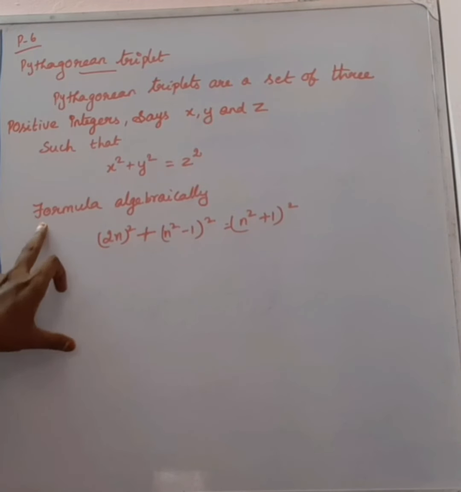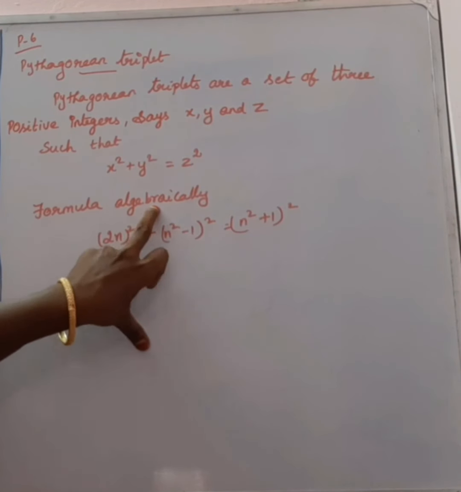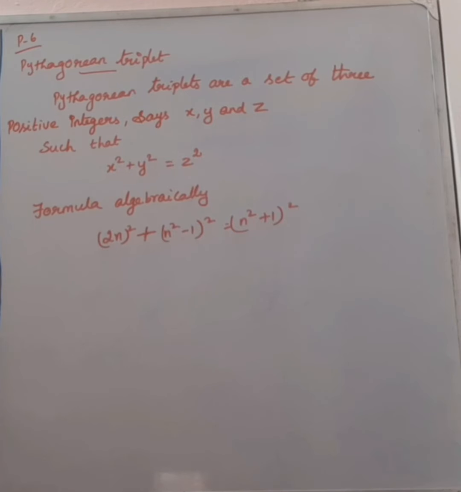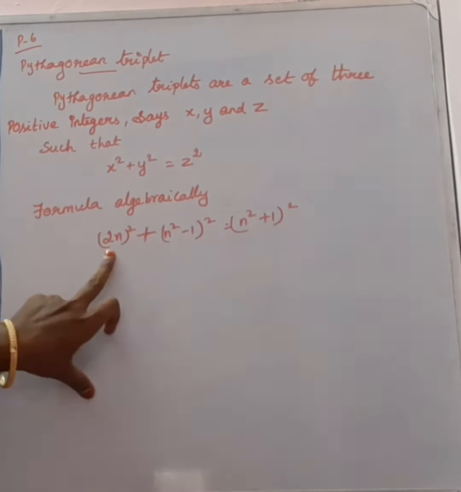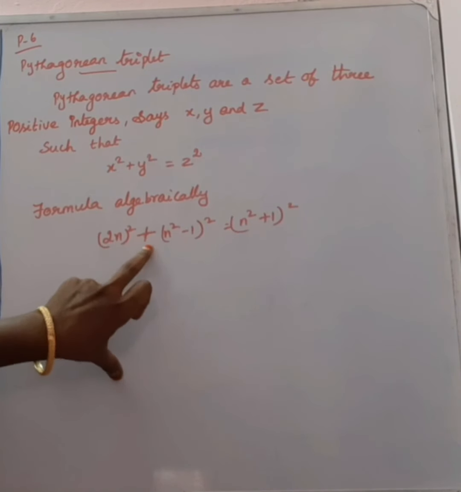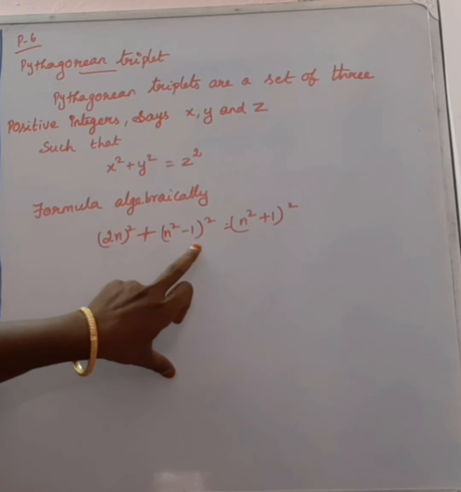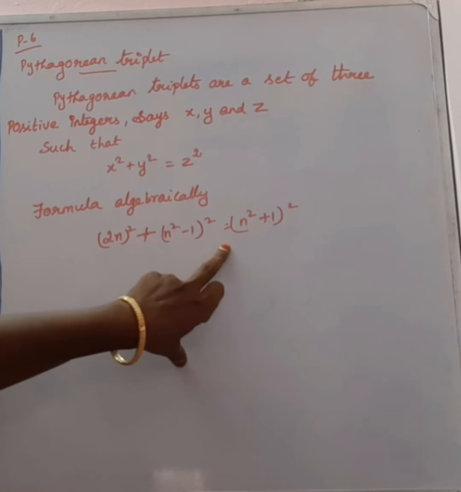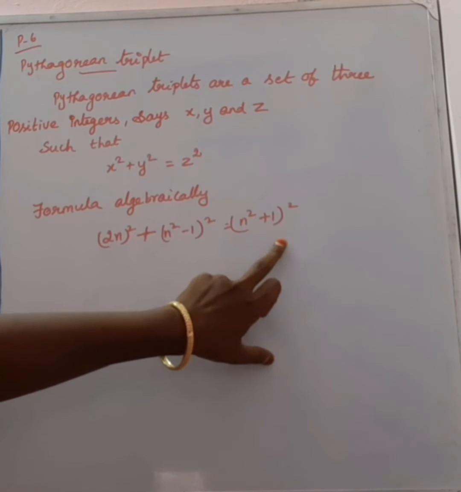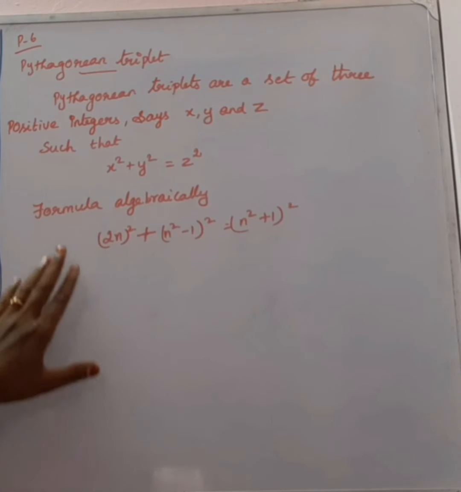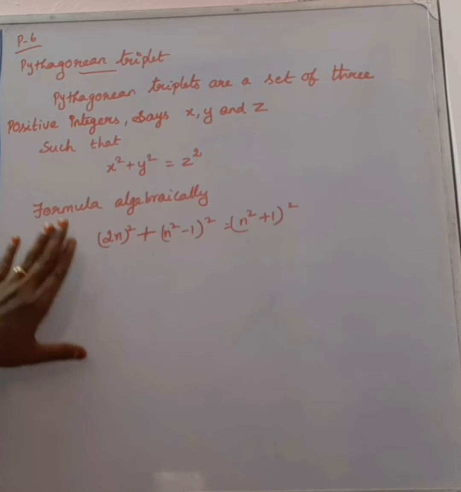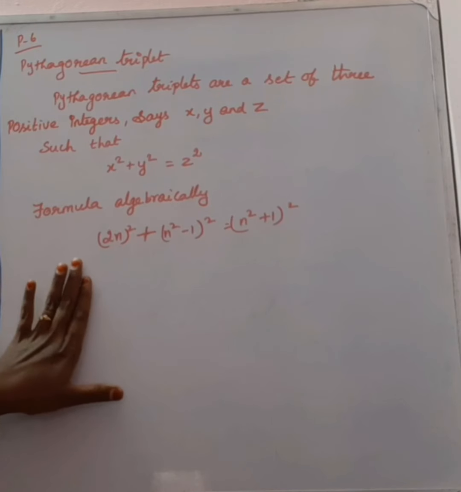Okay. Now the formula algebraically, if we write it algebraically, the formula is this only, that is (2n) the whole power 2 plus (n squared minus 1) the whole power 2 is equal to (n squared plus 1) the whole square. But here we have not yet used the formula algebraically, just for your knowing purpose we have given this.